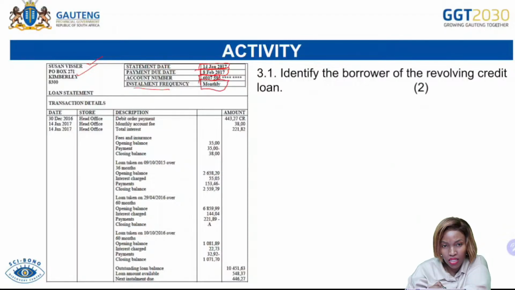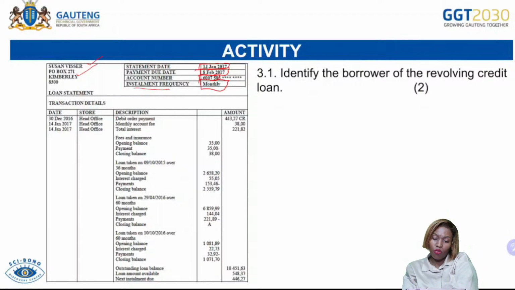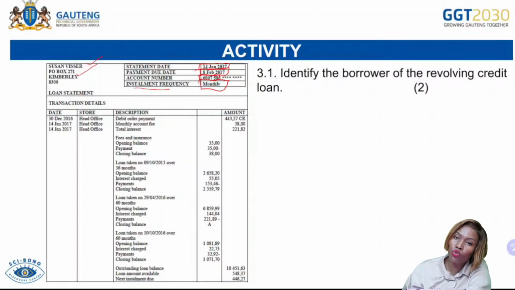Since it's on a monthly basis, it means in a year, there will be how many statements? 12 statements, or rather, they would have made 12 installments. So the transaction dates, there is a debit order payment of 443.27, and it's written CR. CR means it was a credit. It means she was making a payment. And then at the bottom there is the outstanding loan balance.